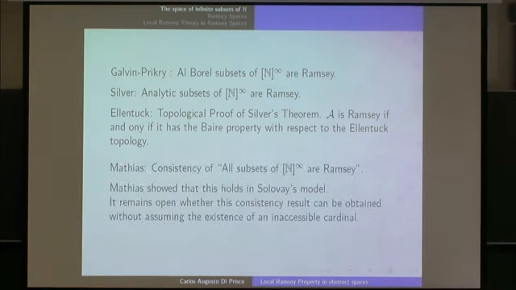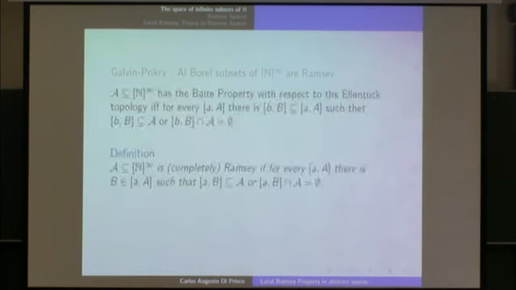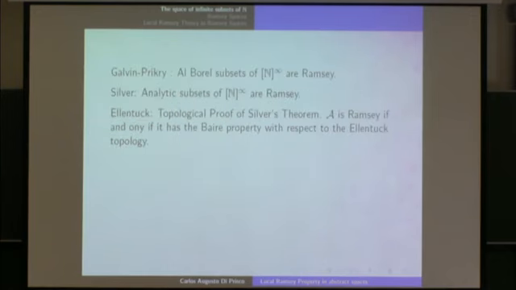Galvin and Prikry in the 60s proved that all Borel subsets in the metric topology of the space are Ramsey. This can be extended to the Ellentuck topology.